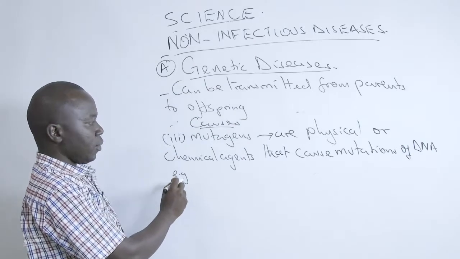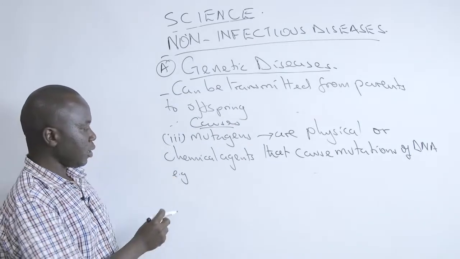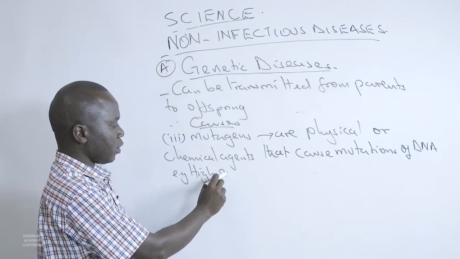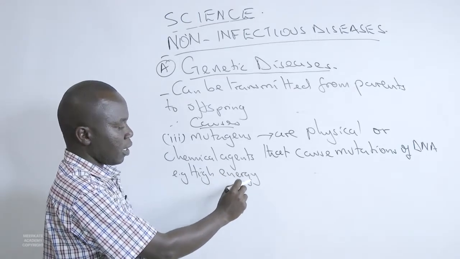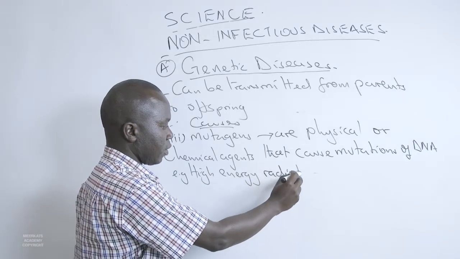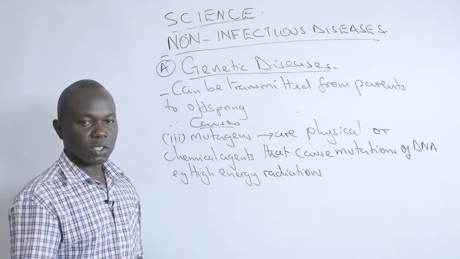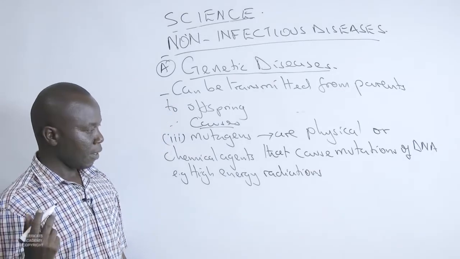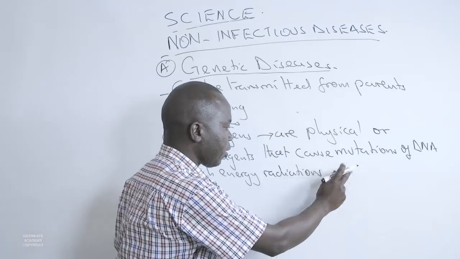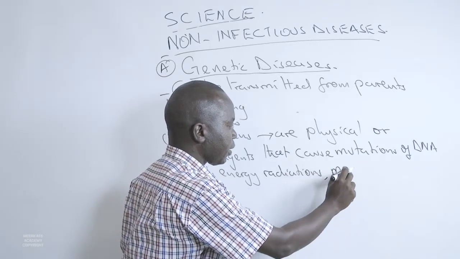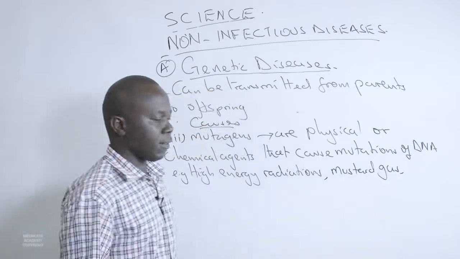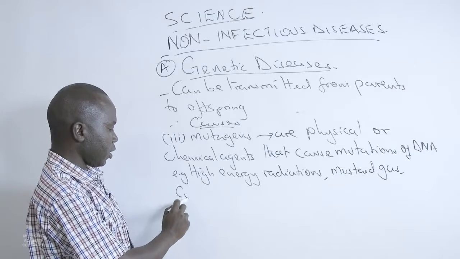You can give examples of mutagens, as I've already said: high energy radiations, such as gamma rays and X-rays. We have some chemicals like mustard gas. We also have colchicine.